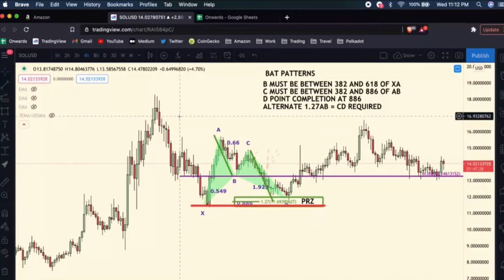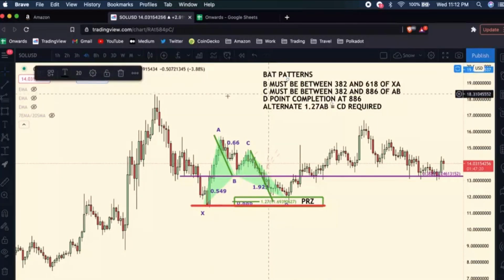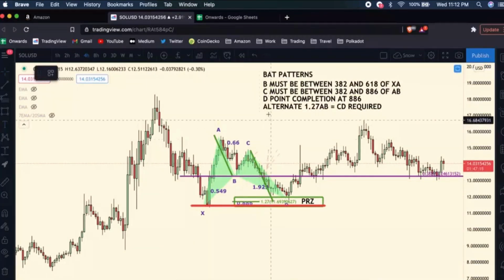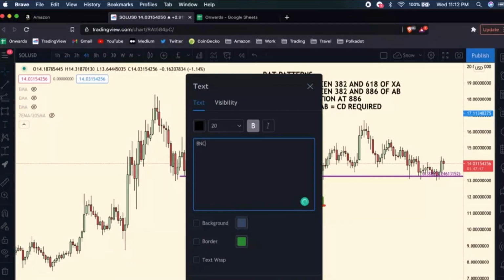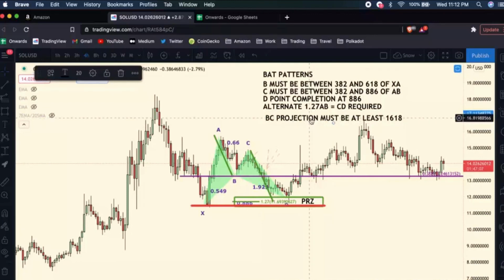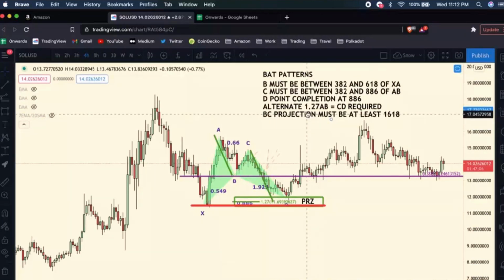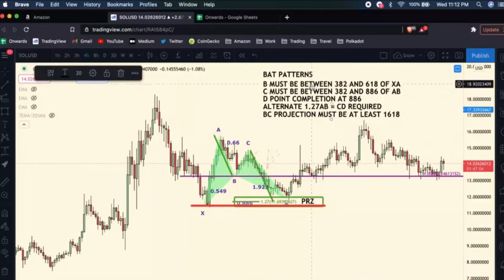And speaking of the BC projection, just to give you guys the by the book, authentic bat pattern with the required rules, we're going to add a rule here for the BC projection, by the textbook from Scott M. Carney himself. BC projection must be at least 1618. This is usually a given with an 886 XA retracement, but we gotta have the required rules here.